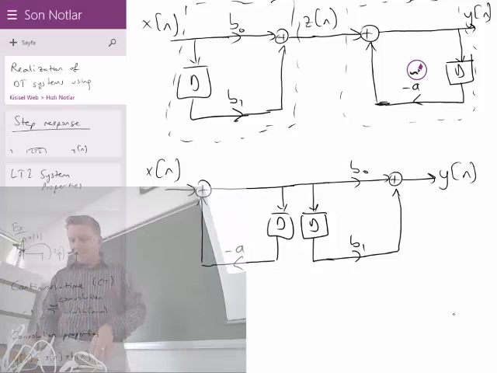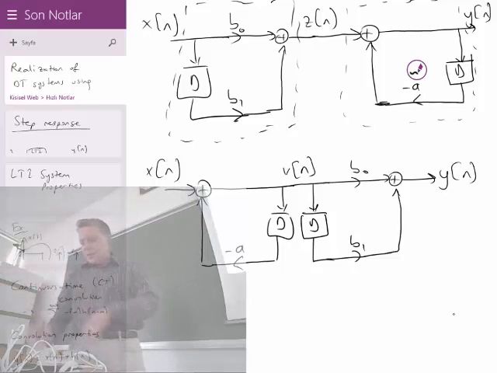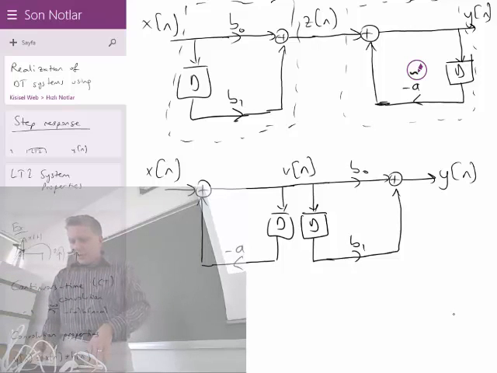And as you see, whatever this signal is, let's give a name to that. X, Y, Z, V of n. Okay. Let's call it V of n. This delayed version at this point will be V of n minus 1.